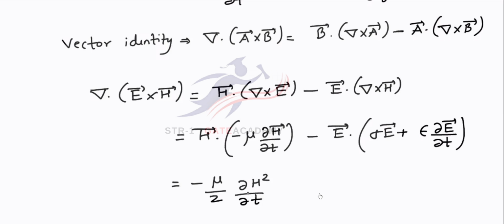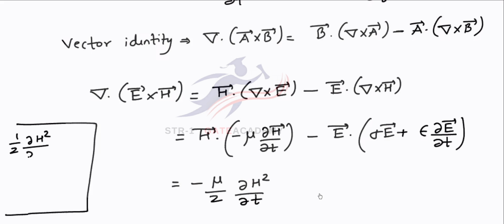Just differentiate this: 1 by 2 d H square by dt gives 2H dH by dt, so 2 and 2 get cancelled and you get H dH by dt, the same quantity which you have here. Therefore, I can modify this in this way.